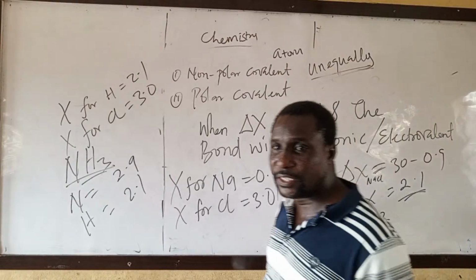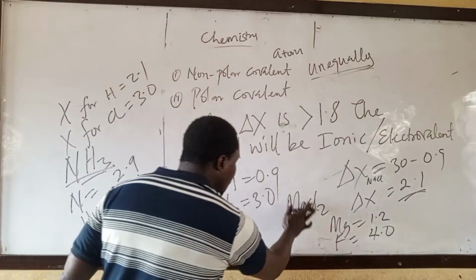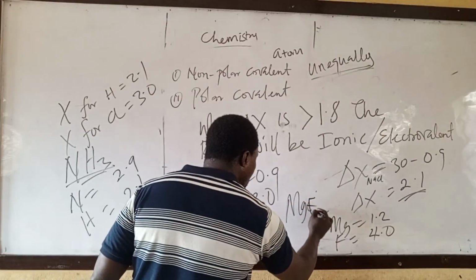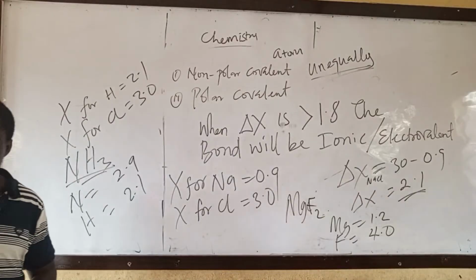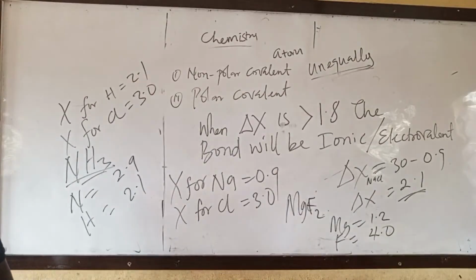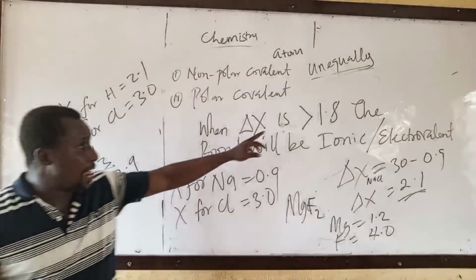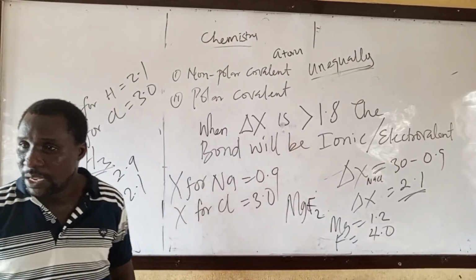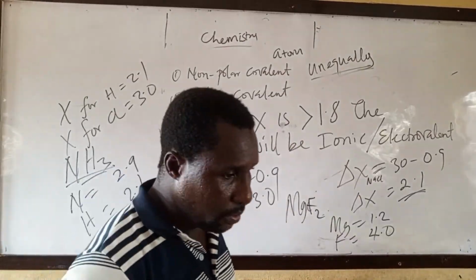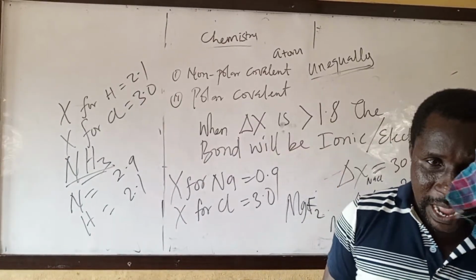What is the electronegativity difference? 2.8. Is it greater than 1.8? Yes. That means it is an ionic bond. Take note of that. Are we following?